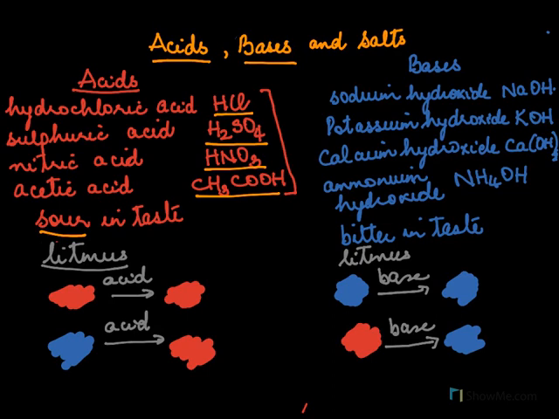When it comes to bases, we have examples: sodium hydroxide, potassium hydroxide, calcium hydroxide, ammonium hydroxide. There are many more bases; these are just a few examples. They are bitter to taste. The blue litmus remains blue, while the red litmus becomes blue.